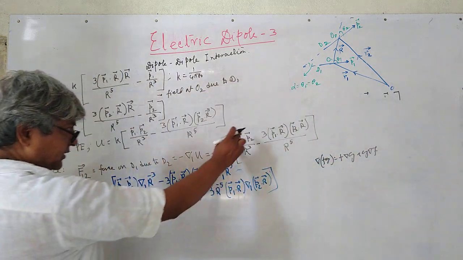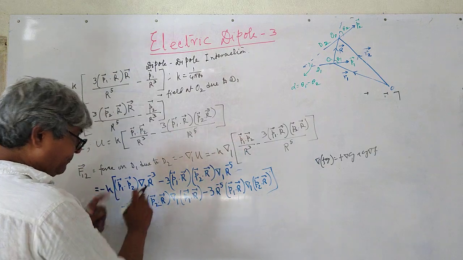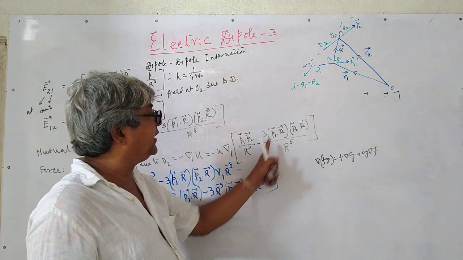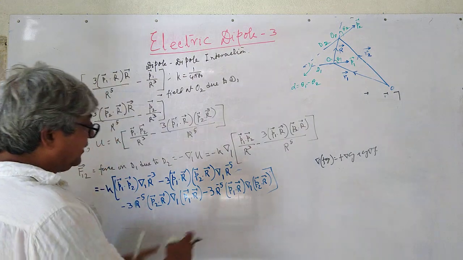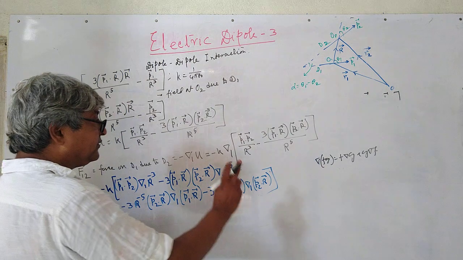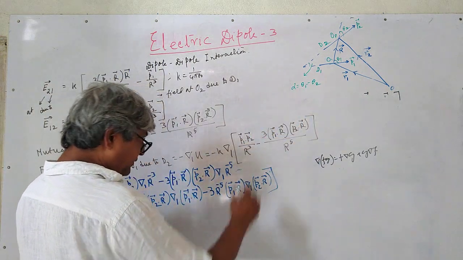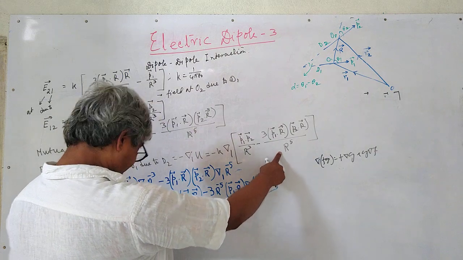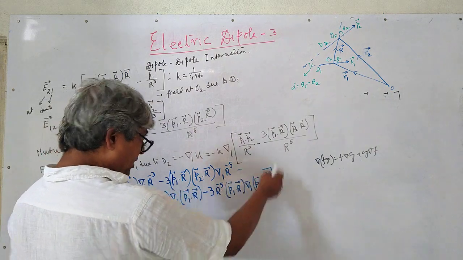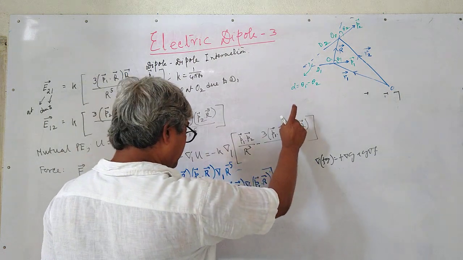And we have assumed that this is constant, so the first term gives a single term. Now here there are gradients of three product terms, so it results in three terms when the nabla operates on any one and keeps the other two fixed. The first term nabla operates on this, so this is this term. In the second term nabla operates on this term, and finally nabla operates on this.